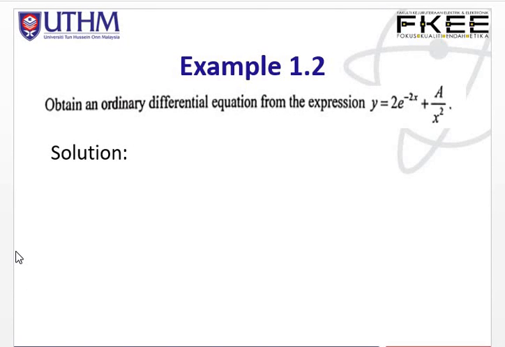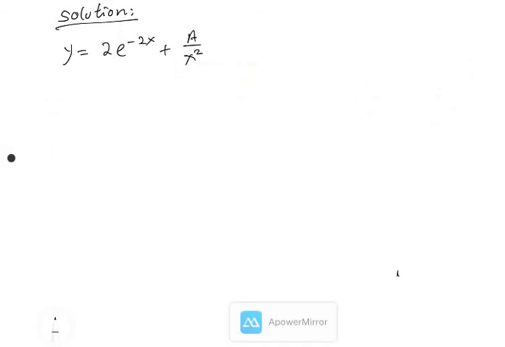Next, we look at another example: obtain an ordinary differential equation from the expression y equals 2 e power of minus 2x plus a over x squared. Now let's look at how we solve this question. We have this expression, and we rewrite y as 2 e to the negative 2x plus a x to the power of negative 2.